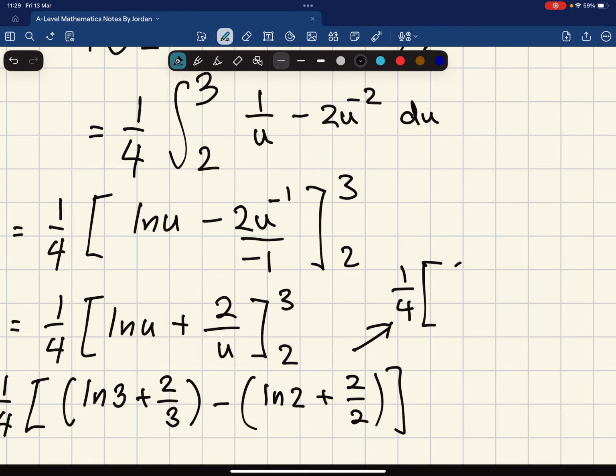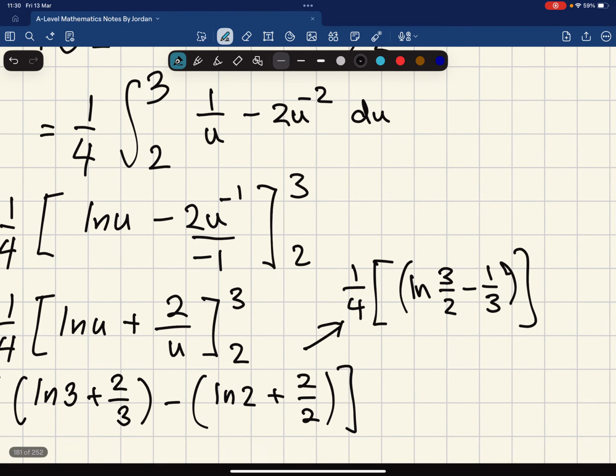We have ln 3, then we've got take away ln 2. Remember, if you take away logs, you'll end up with ln 3 over 2. And then we have 2/3 here, take away 2 divided by 2 which is basically 1, so that's 2/3 take away 1, which will give us minus 1/3.